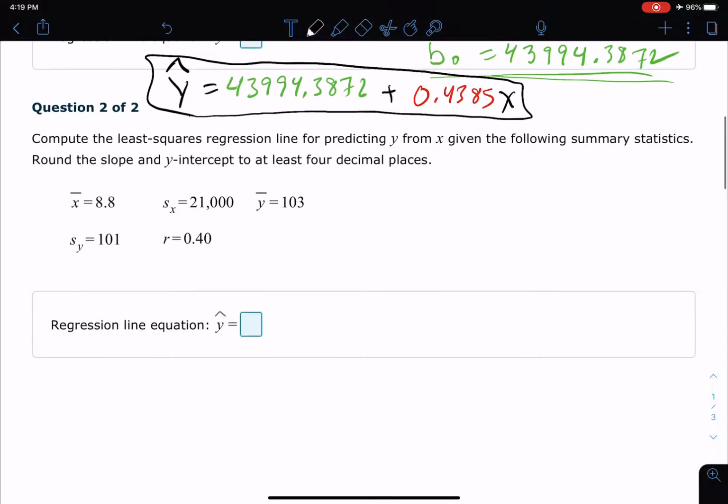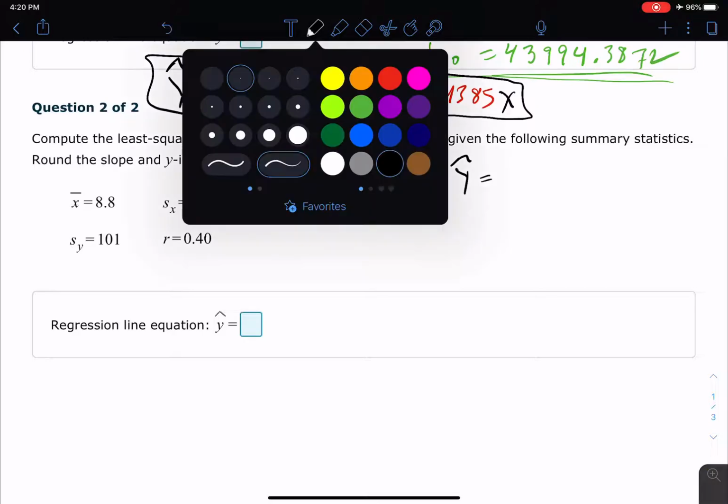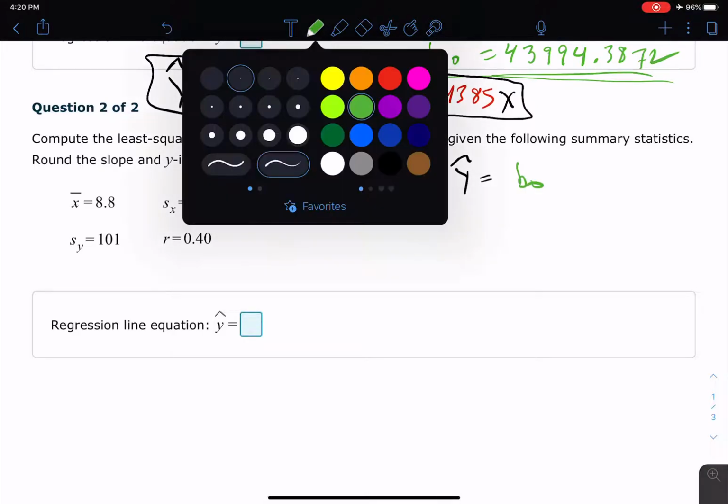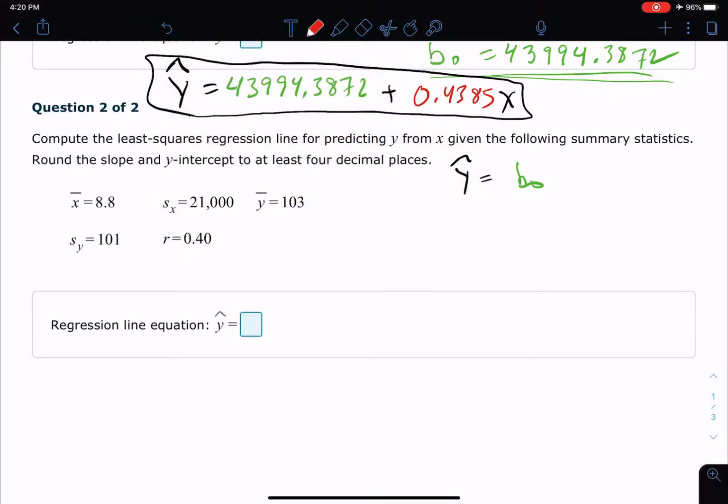Let's do it again just to make sure we have this down. And once again, space-wise, I think I'm going to write my least squares regression line up here just to try to drill it home for us. Remember, the y-intercept is called b sub 0. Remember, the slope is called b sub 1.